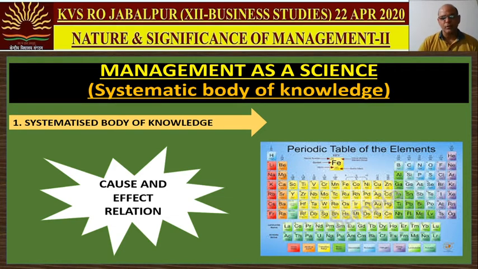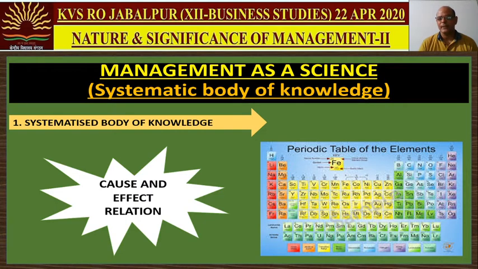So in management also there is cause and effect relationship. Let us see two examples. Number one, in management we know that motivated worker produces more. If a worker is motivated, he will give more output. So there is a cause and effect relationship in management.